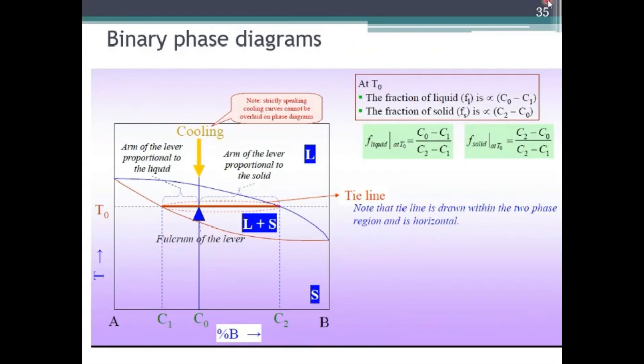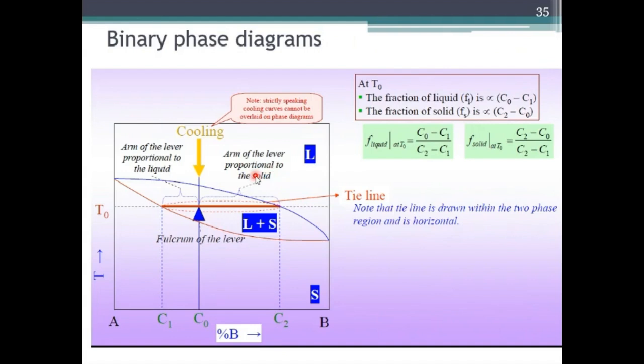Now you can see it. As I already told, it will be like a fulcrum of a lever, like a tie line. The tie line will be the fulcrum, and this portion will correspond to the arm of the lever. This portion will be proportional to the liquid state, and this portion will be proportional to the solid state.